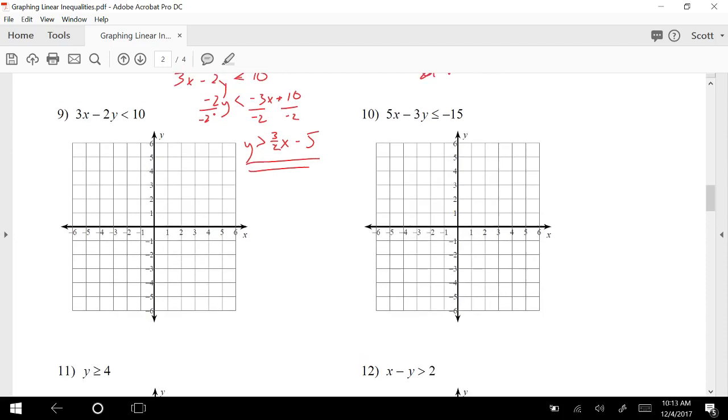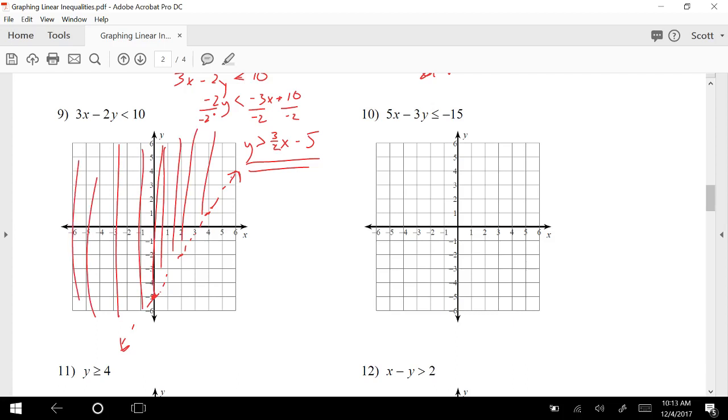And negative 5 is our y-intercept. 3 over 2, up 3 over 2, up 3 over 2. And that's going to be a dashed line because we don't have an equal sign. And y is going to be greater than that. So greater than is above the line. Going up. All of that area.